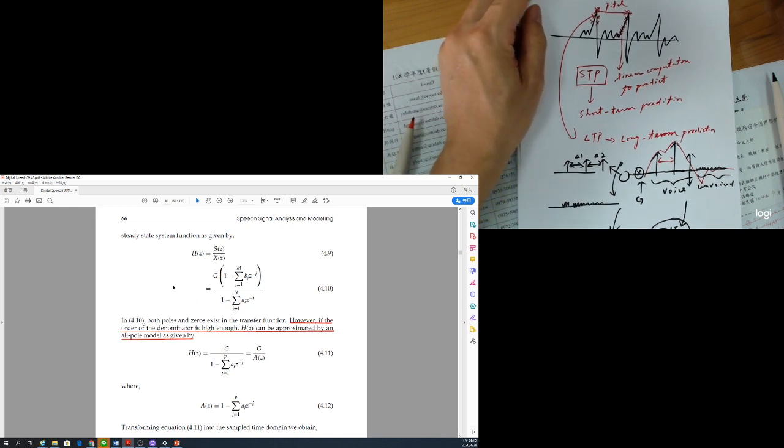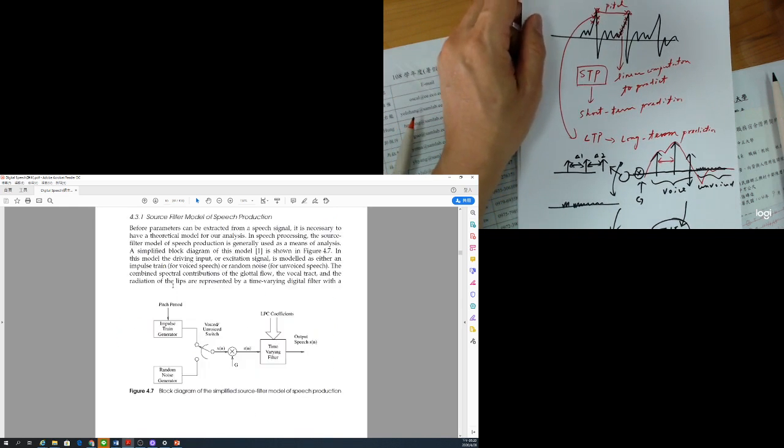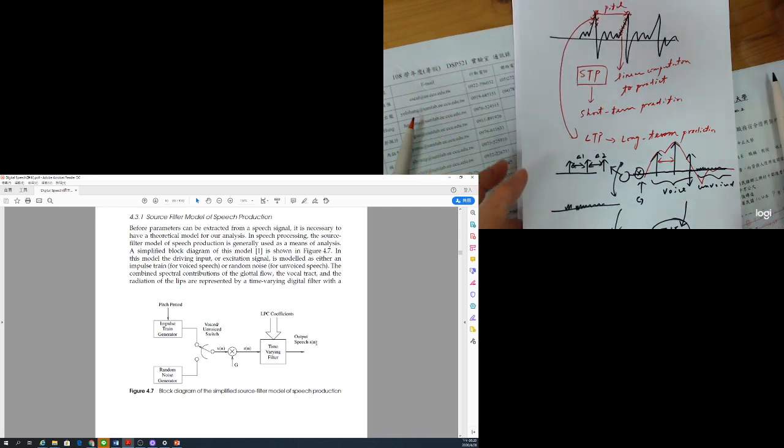Right now we try to build a model. You can see s of n is the output signal, and we have an input signal, our trigger signal. This part is our black box, with a transfer function.